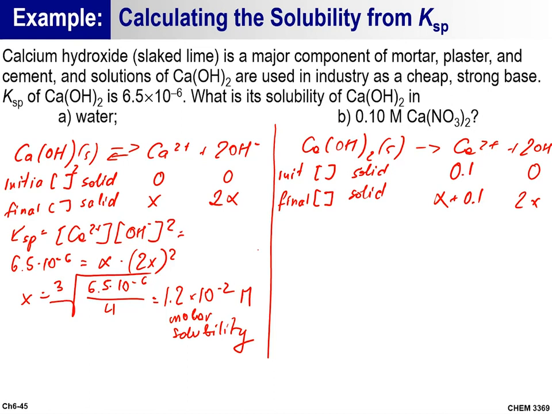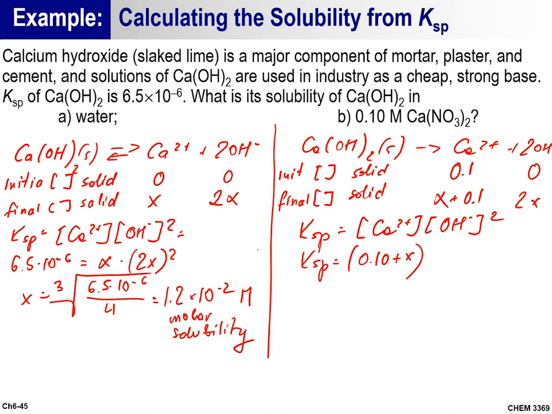So I have the same Ksp, the calcium 2+ concentration times the OH- concentration squared. Now what I have to solve is Ksp equals 0.1 plus x times 2x squared.